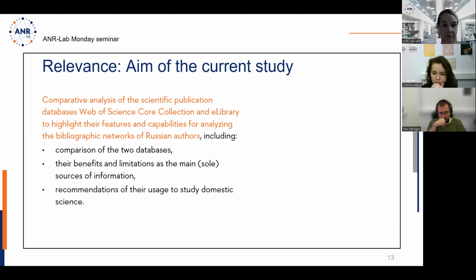And of course, to give some recommendations, but also to understand: can we use Web of Science as a sole source of information? Should we stick to eLibrary, because they say that they also include Web of Science? I will tell about it later. Or should we somehow combine these two databases, or should we think about some other databases? So that's why we started this project.